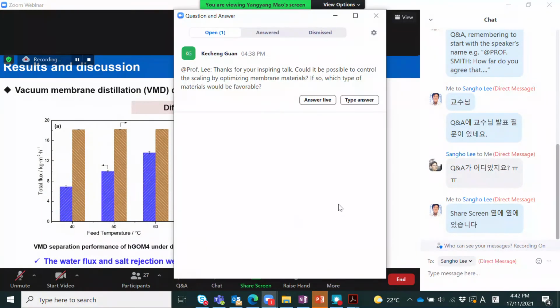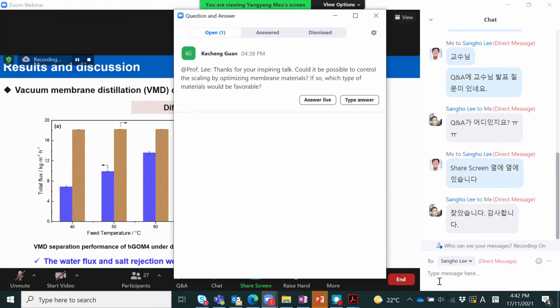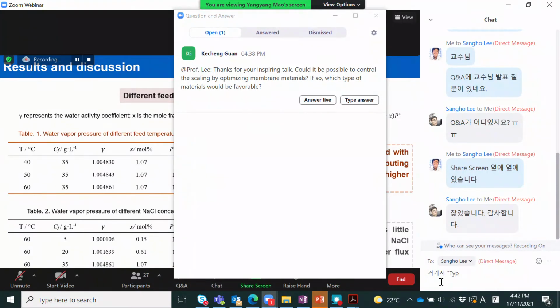Then continuously, the VMD desalination of our optimal membranes under different feed conditions was also performed. We found that the water flux increased with the feed temperature increase. And when we changed the salt concentration of the feed, the water flux changed little. In order to analyze that phenomenon, we performed a theoretical analysis of these membranes under different feed conditions.